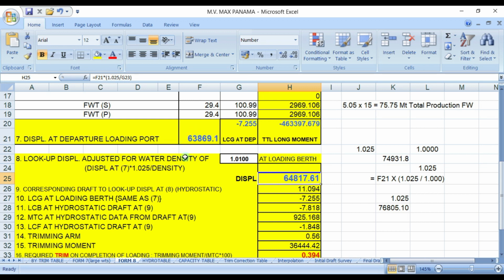Then with this displacement, you apply the density at loading berth in Australia, and the value with the density will be 64817. Okay, and that will be this one.